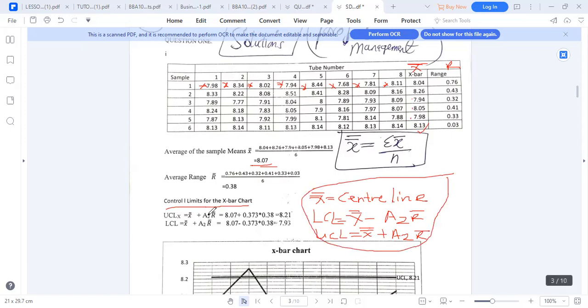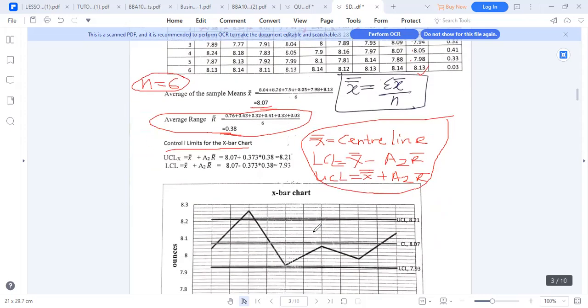So A2 is obtained using our N equals 6. Our N is 6, from the table. The tables will be provided in an exam. So in the table, that's where the A2 R bar is 0.38. R bar is the average for this.